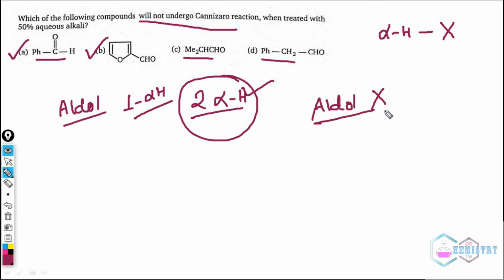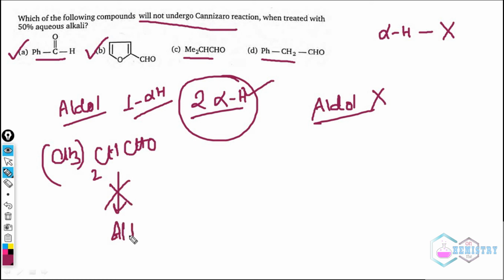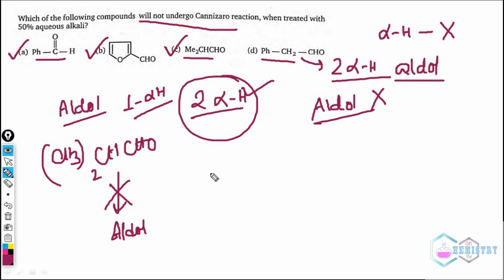In this compound C, that means CH3CHCHO, will not undergo aldol condensation due to the absence of a second alpha hydrogen. So this will also undergo Cannizzaro reaction. But compound D has two alpha hydrogens and is very suitable for aldol reaction. So compound D will not undergo Cannizzaro reaction.